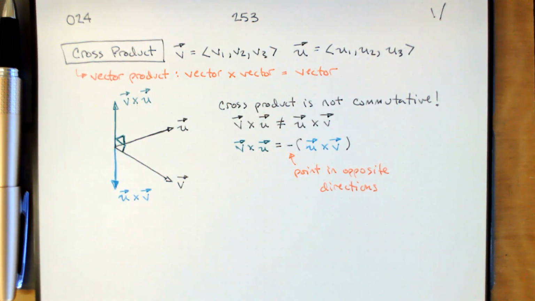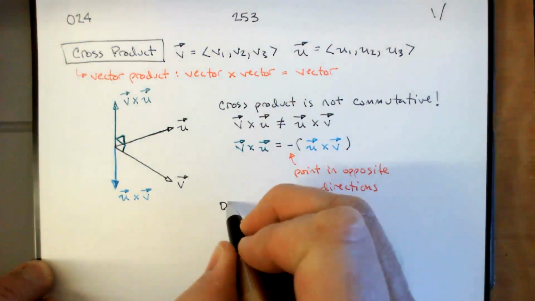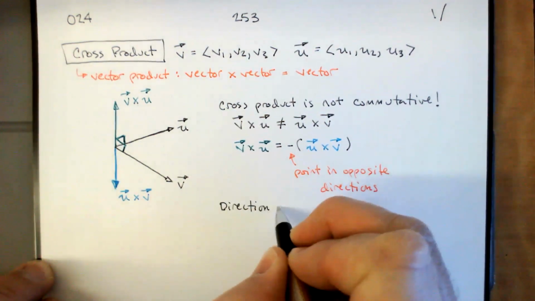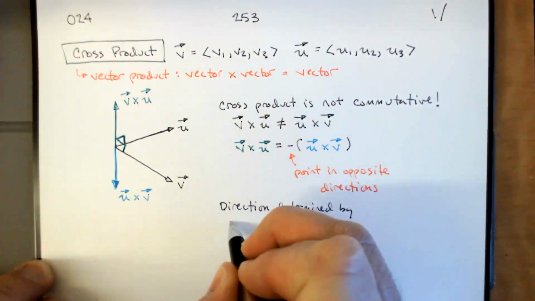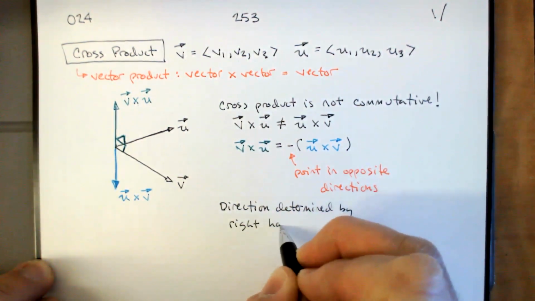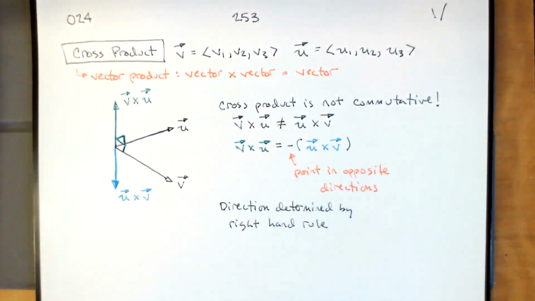The way you determine which direction the cross product points is what's called the right-hand rule. So the direction of the cross product will be determined by the right-hand rule.